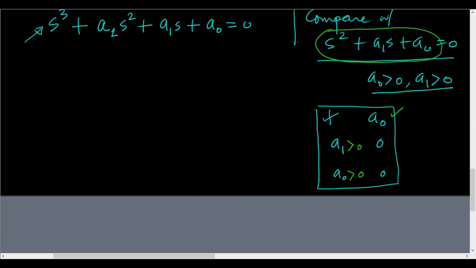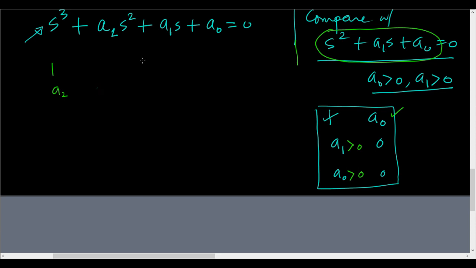For the cubic, a little more interesting. So we will have 1, a1, a2, a0. Let me spread it out to make it a bit easier.